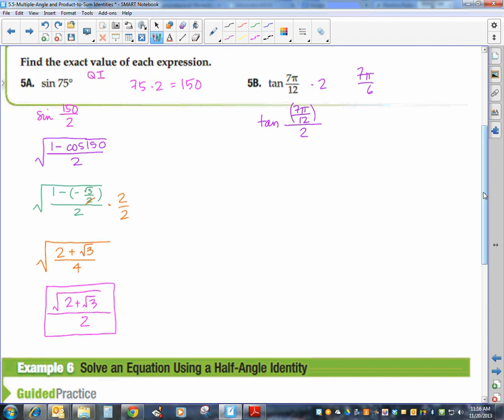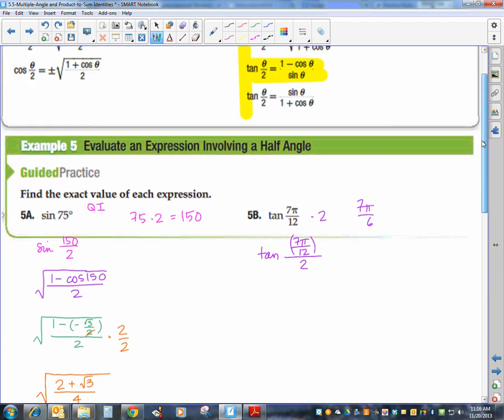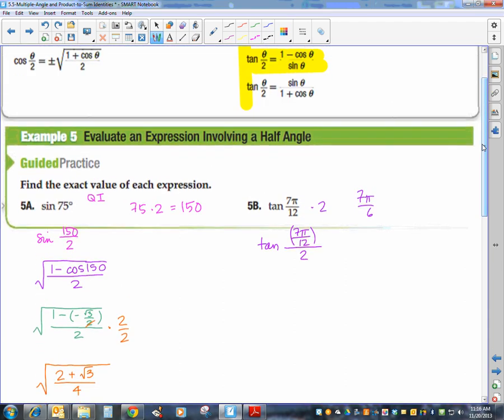So my tangent formula, if you look back up here real quick, I'm going to use the one that says 1 minus the cosine. So I'm going to write 1 minus the cosine of 7 pi over 6. Students, that was supposed to be a 6, y'all? Right there. Okay, that's what we said. You got the idea.